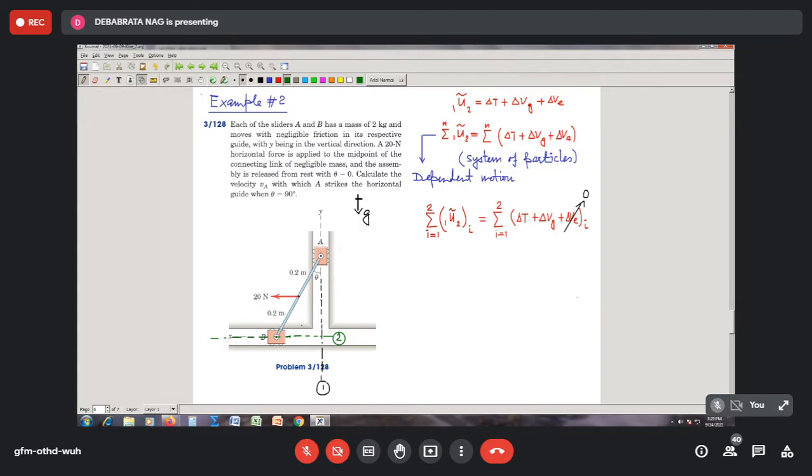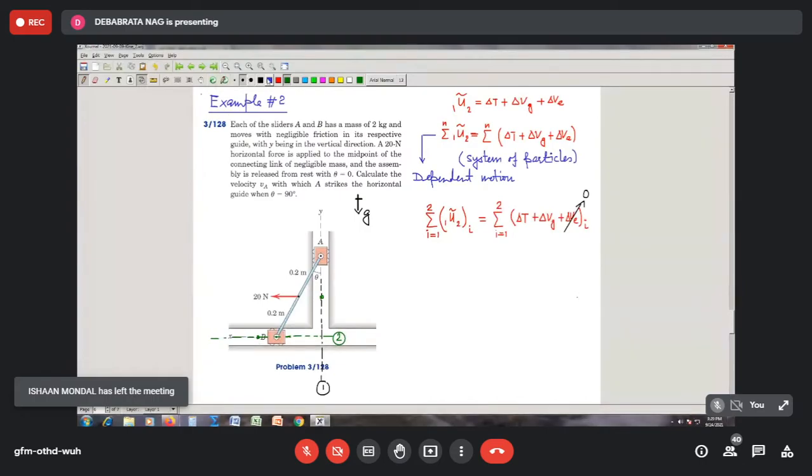When theta is equal to 0, the midpoint of this rod was here in state 1, and when it comes to state 2, the midpoint of the rod comes to this position.